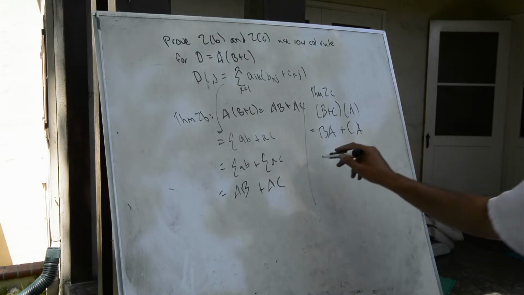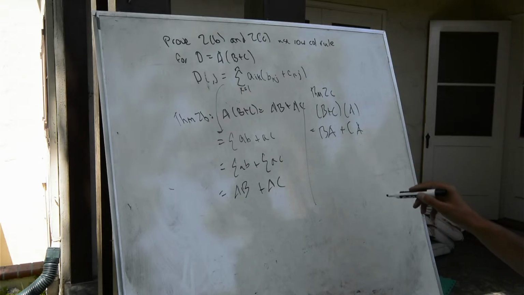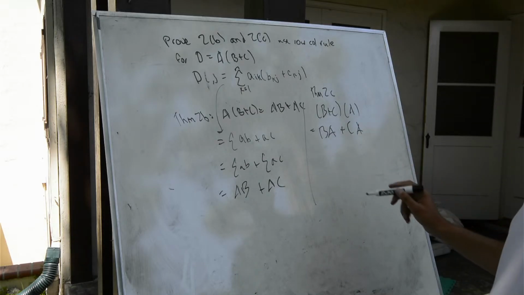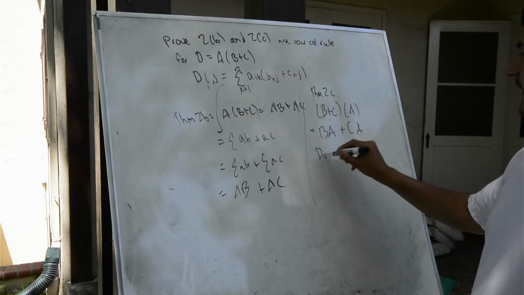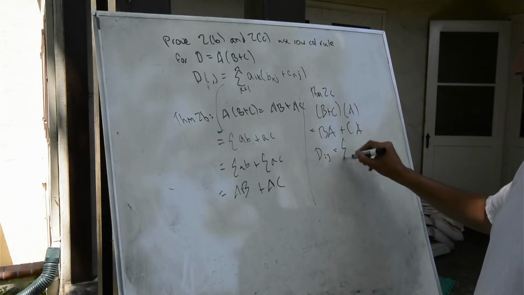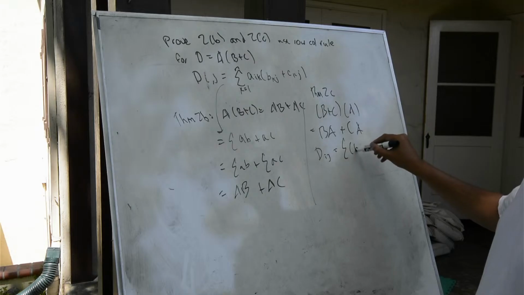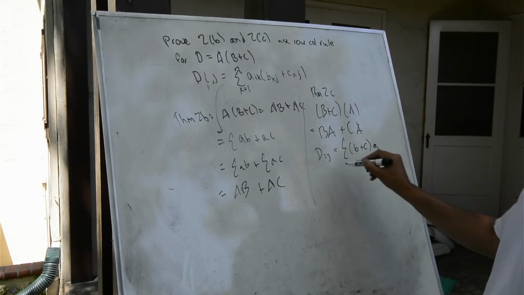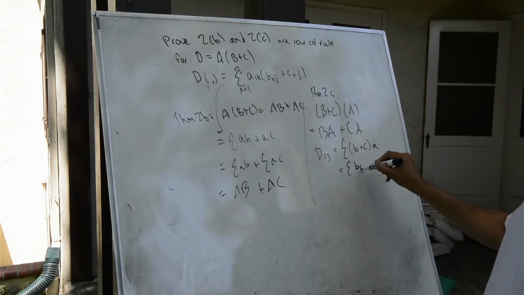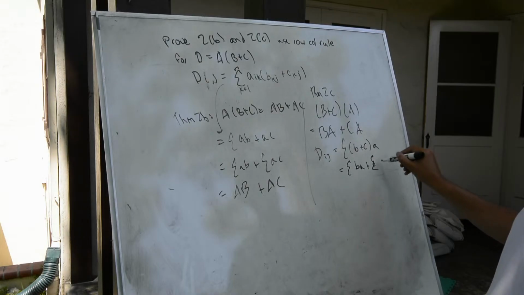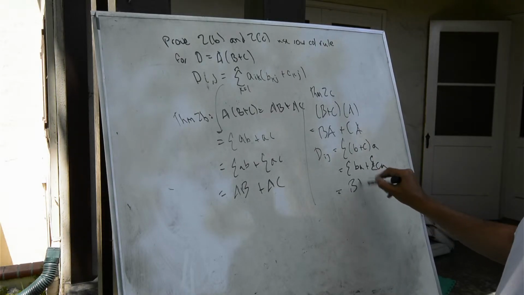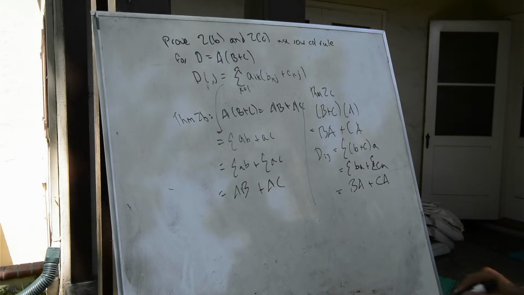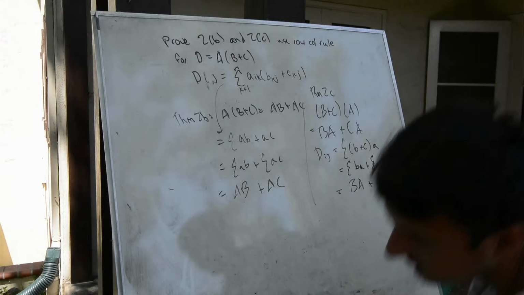So to prove this, Dij is going to be equal to the sum of (B plus C) times A, which is equal to the sum of BA plus the sum of CA, which is equal to BA plus CA. Okay. Pretty simple, actually. I thought it was going to be harder than that.